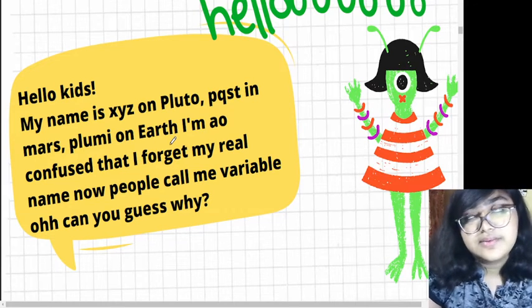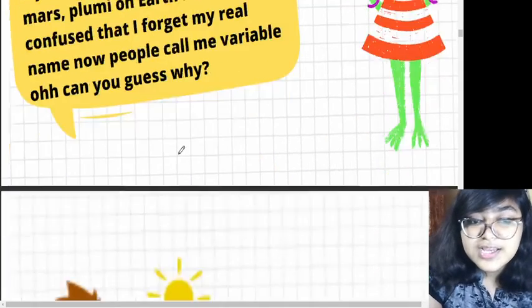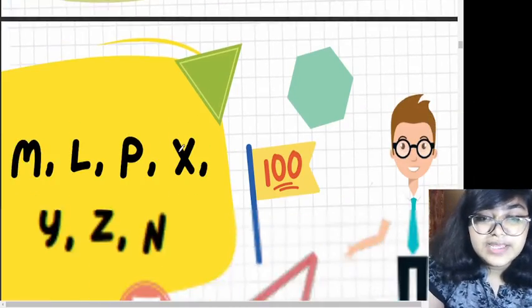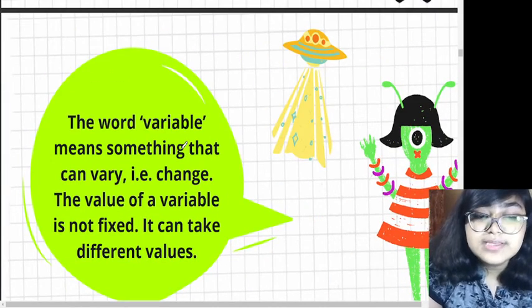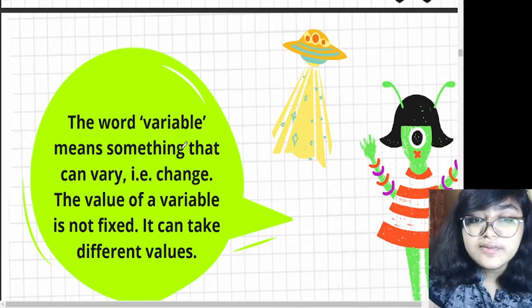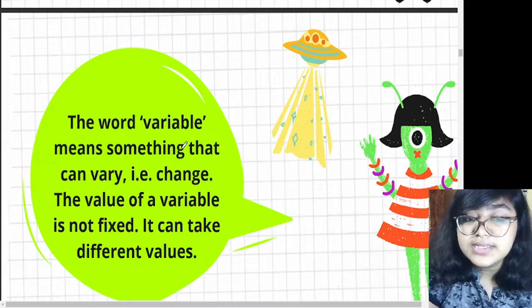Okay, so let's explore why people call it a variable. Now the idea of a variable. The word variable means something that varies, changes. The value of a variable is not fixed. So basically something that can vary means something that can change.